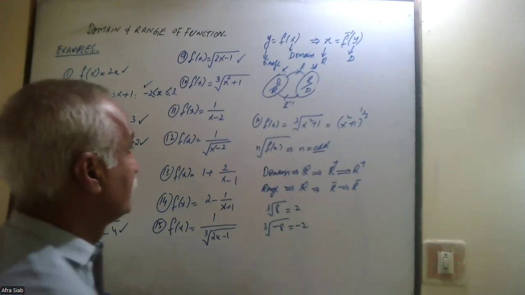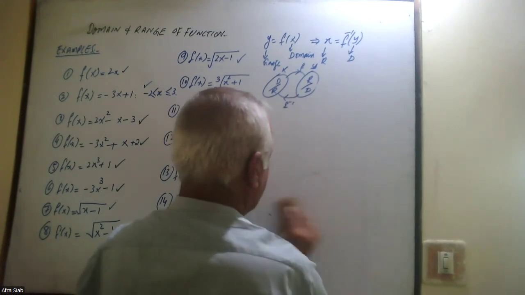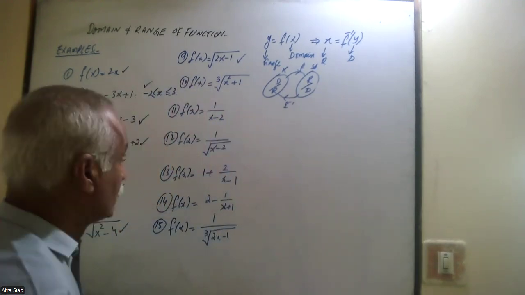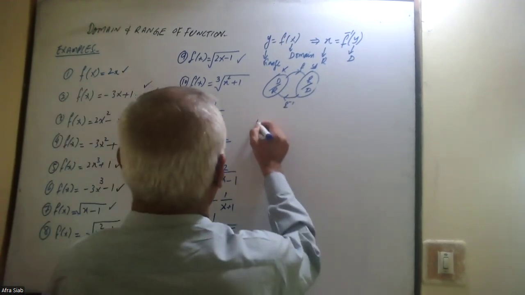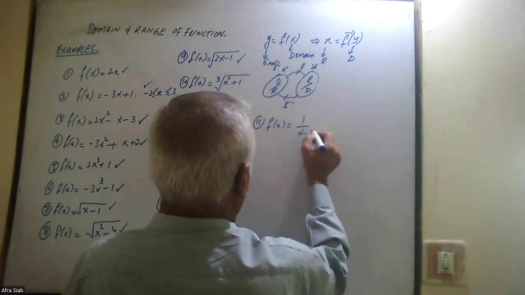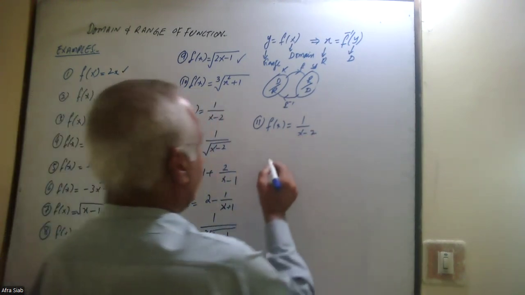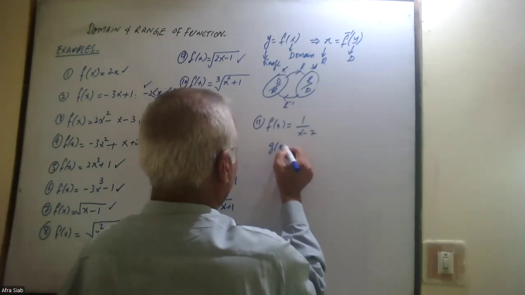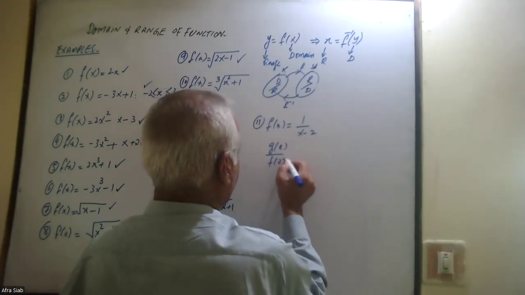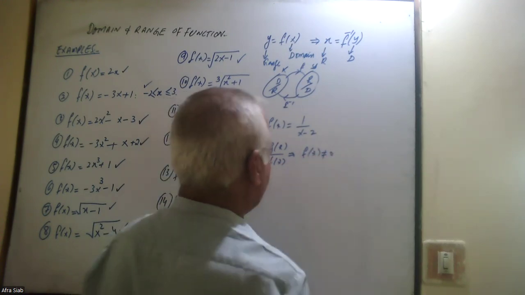Question number 11. F of x is equal to 1 over x minus 2. We know that for all fractional expressions, g of x over f of x, f of x should not be equal to 0.